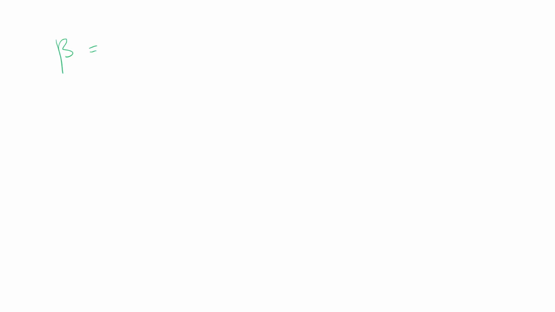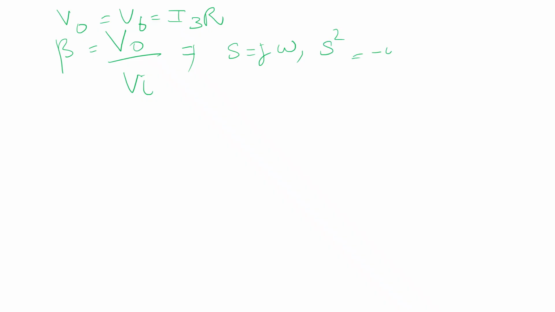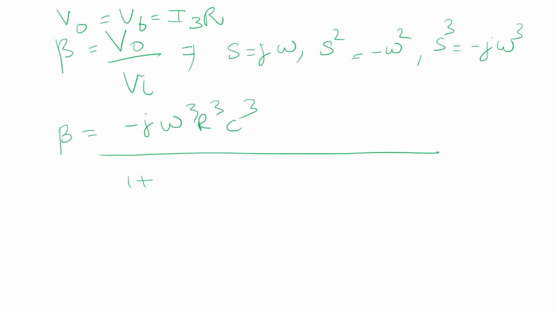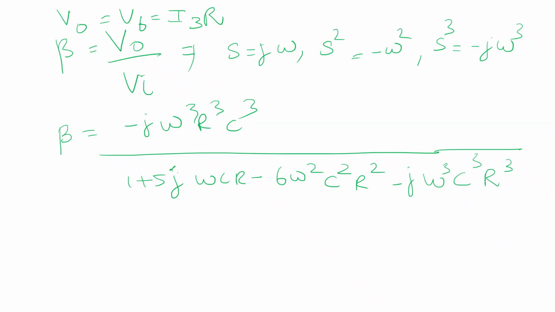So when calculating the feedback ratio beta, V0 by Vi, V0 is equal to Vf, which is equal to I3 into R. So the equation is to be multiplied by R. And replacing S equal to j omega, S square equal to minus omega square, S cube equal to minus j omega cube, then we will be getting beta equal to minus j omega cube R cube C cube divided by 1 plus 5j omega CR minus 6 omega square C square R square minus j omega cube C cube R cube.